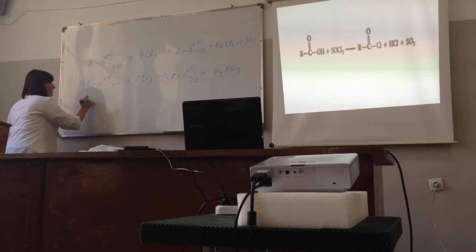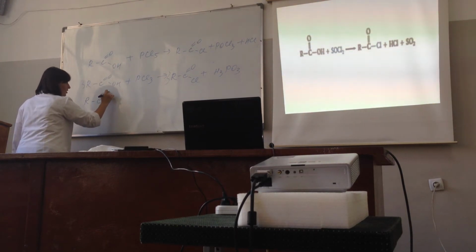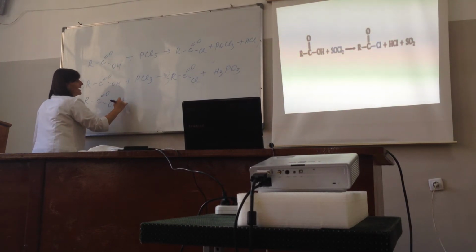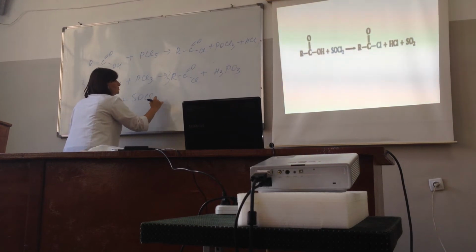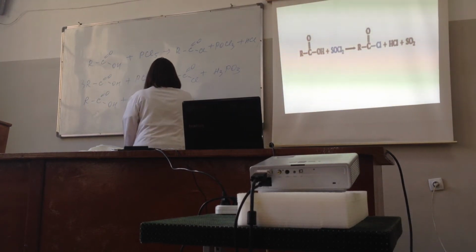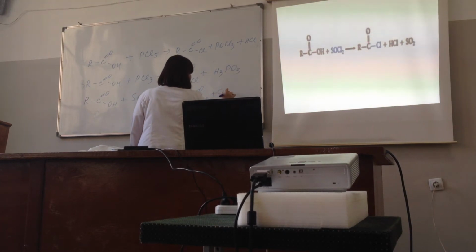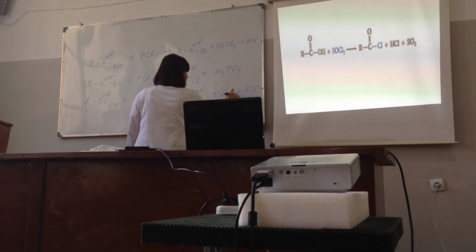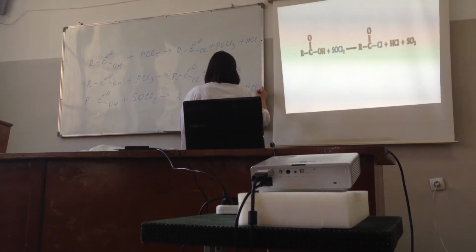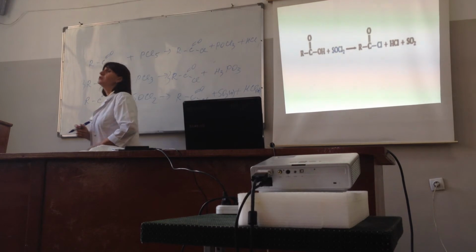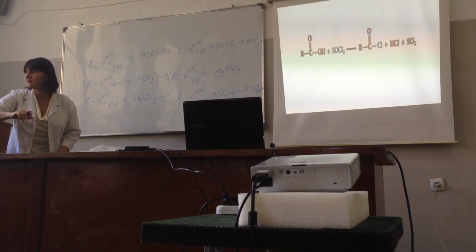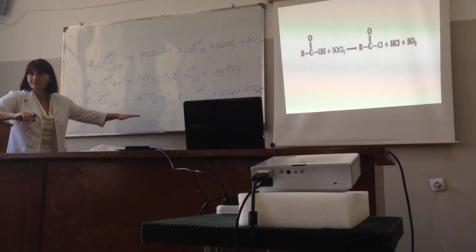Yeah. Now, if you have RCOOH plus SOCl2, so here you get RCOCl plus SO2 plus HCl. Now, in this version, as you see, you get two gaseous products in the last reaction.